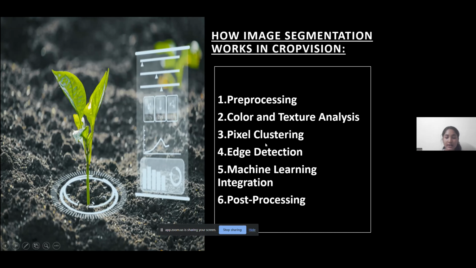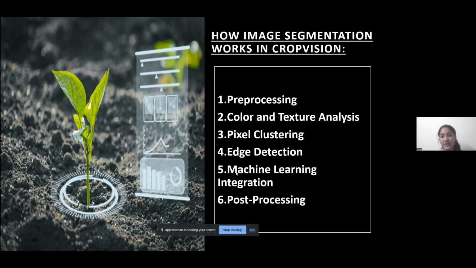Image segmentation algorithms group pixels together based on their similarities. Pixels with similar color, brightness, or texture are grouped into clusters or segments. Then it does edge detection, in which edge detection algorithms identify boundaries or edges between different segments, helping to delineate individual crops.